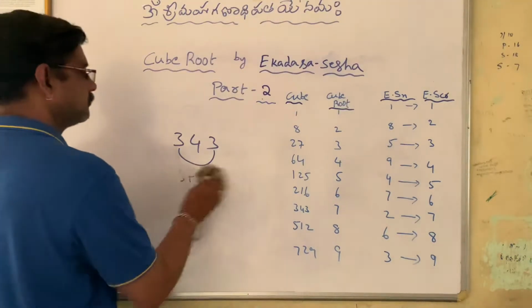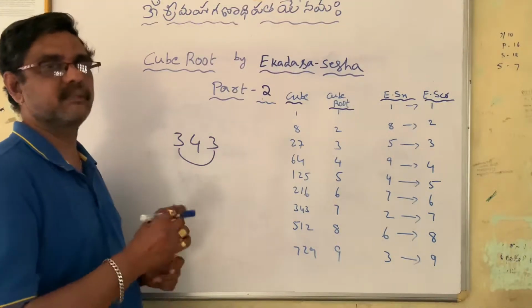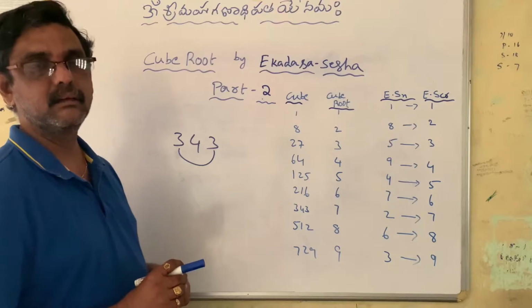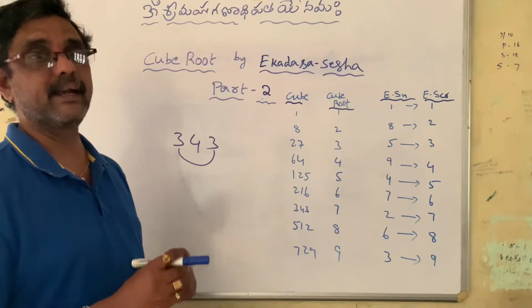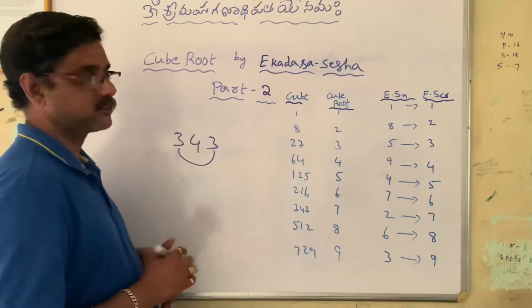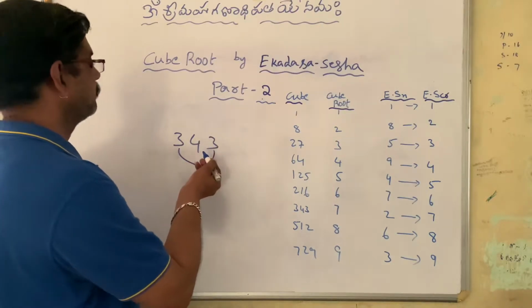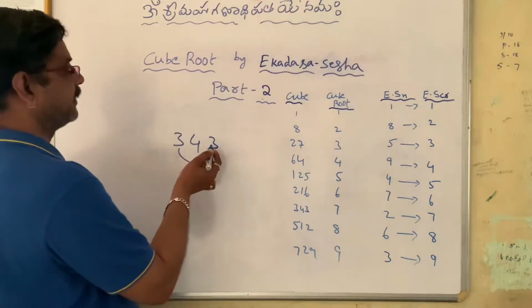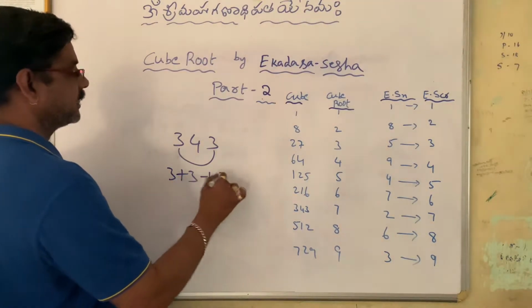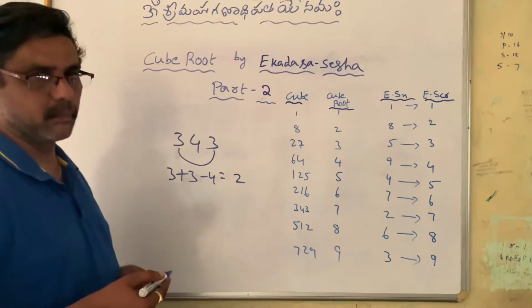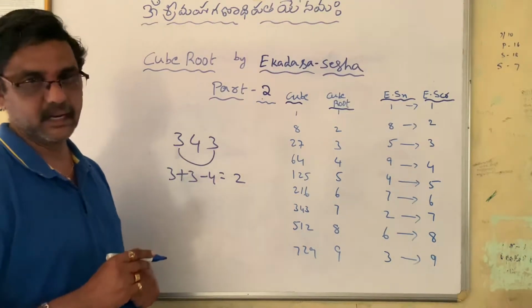Suppose the number is not divisible by 11, we can still find the remainder when we divide the number by 11. Take 343. Using this divisibility rule, 3 plus 3 is 6, minus 4, the result is 2. 2 is not divisible by 11, so the whole number is not divisible by 11.